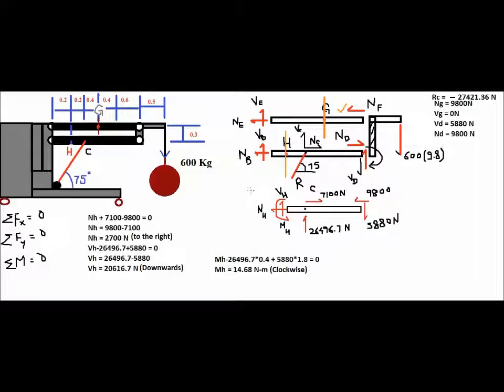So while going ahead and doing the stress analysis, if your material is not strong enough, it might break at that point if your yield stress is lower than 2700 newtons.